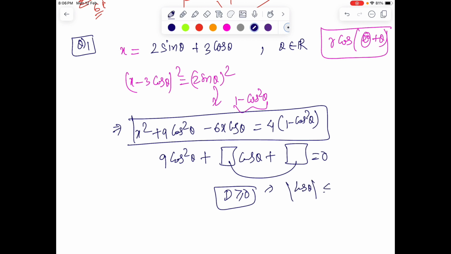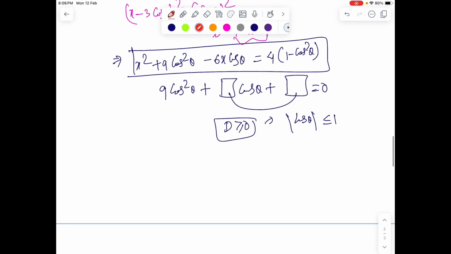So since cos theta is real, D greater than or equal to 0 will give a condition. Moreover, cos theta is also limited to minus 1 to 1. So the roots of this quadratic must be limited to minus 1 to 1, as well as D must be greater than or equal to 0. So from there, using basic quadratic also, you can find the range of this.